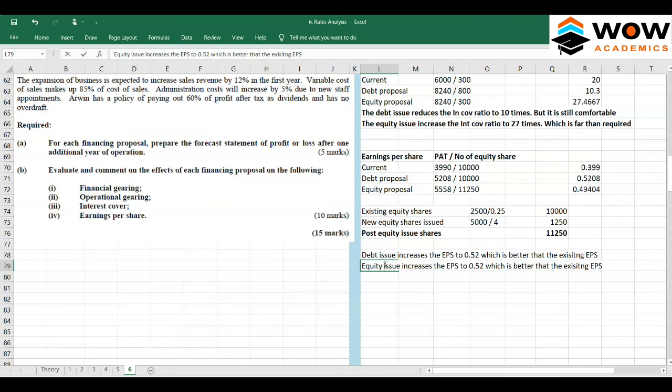If you take equity issue, does it decrease the EPS? No, it is still increasing only. It increases the EPS to 0.49, which is better than the existing EPS. So these are the main points.